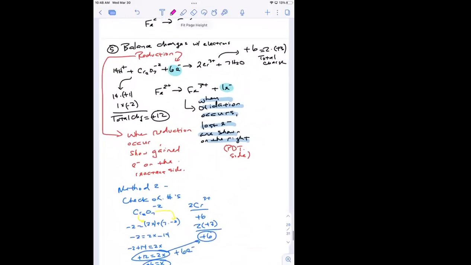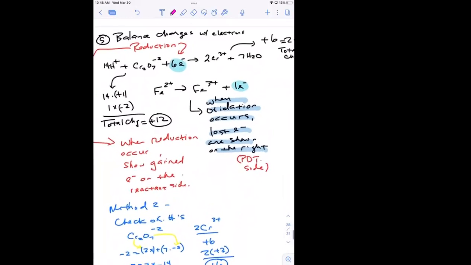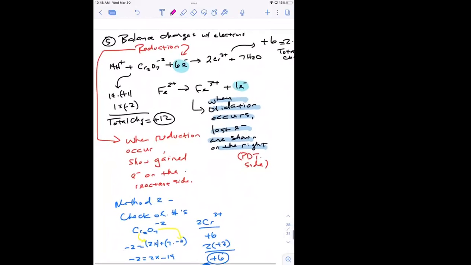If we go back to step 5, which one of these is the reductant? And which one is the oxidant? The oxidant is what? I gave you that definition the other day. What is the oxidant? Is it the one that gives up electrons, or is it the one that gains electrons?